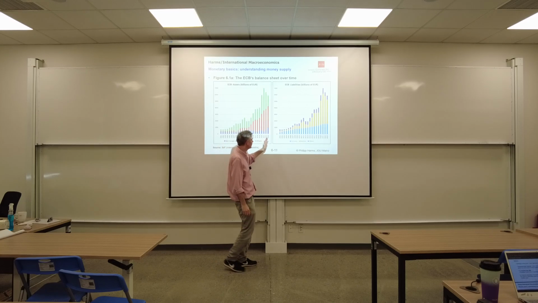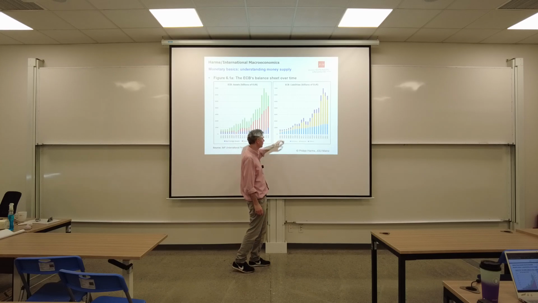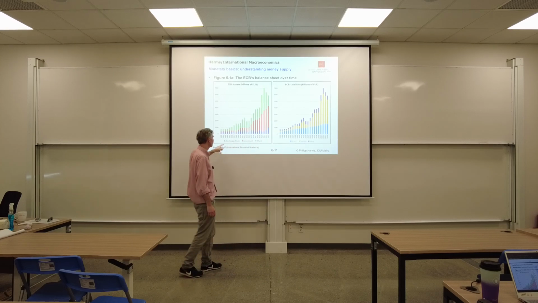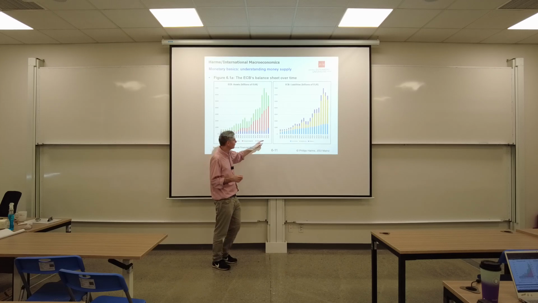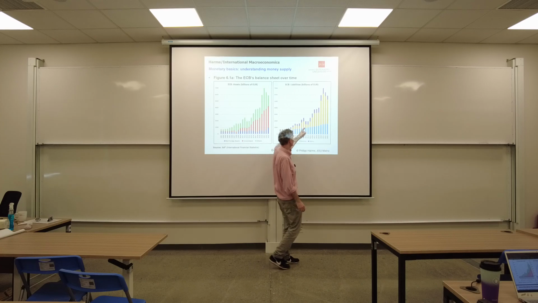And of course, you see it on the asset side, and you see it on the liability side. And you see that, first and foremost, the amount of government bonds on the books of the ECB increased. So the ECB was buying government bonds big time on the secondary market. And you see that this was reflected by a massive increase of commercial bank reserves.